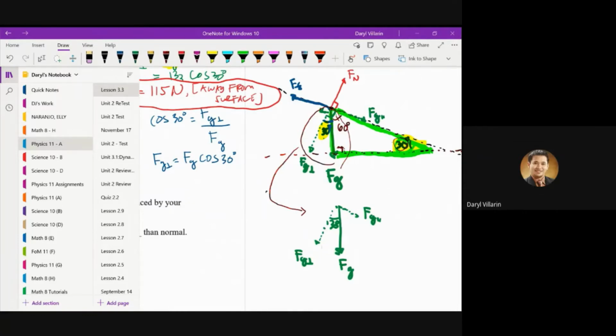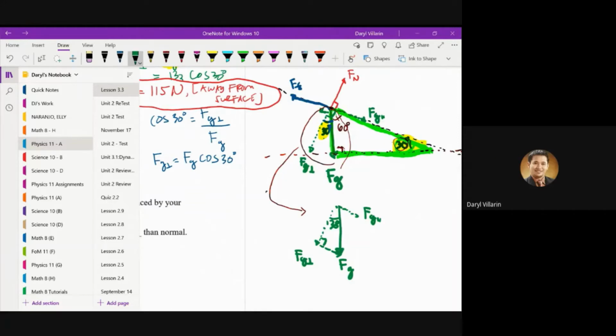So if you're wondering, where did I get the FG parallel as equivalent to the other side of my triangle? Well, if you can see there, these two are perpendicular. The parallel force and the perpendicular force components of your weight are perpendicular to each other.